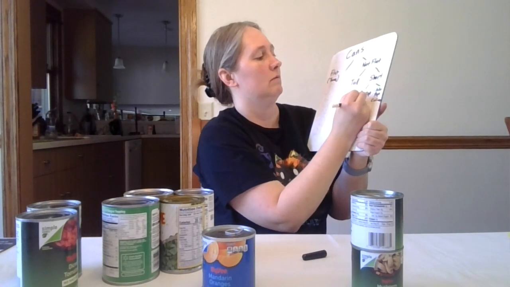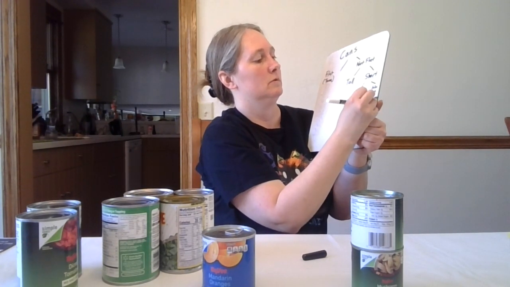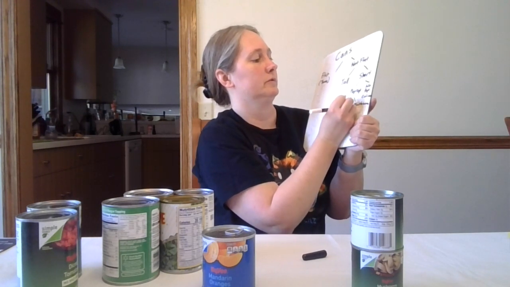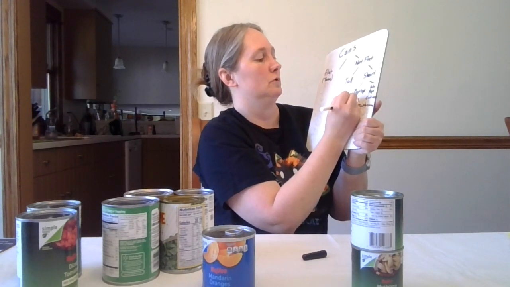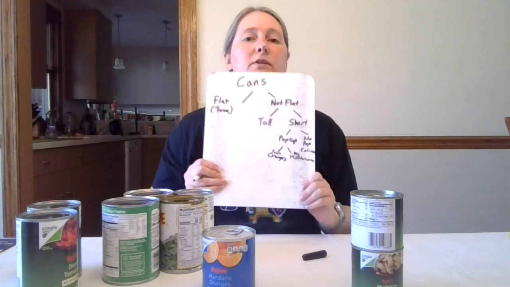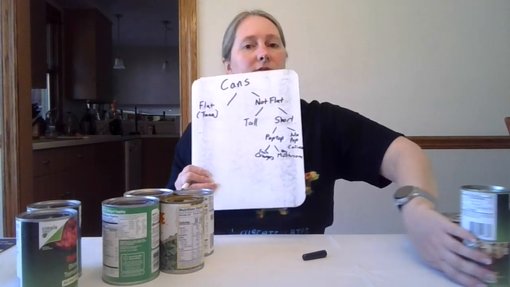So I can go mushroom, orange. So this one would be fruits. This one would be vegetables, because I can sort them by the property of what they have in them. All right, so those are taken care of.